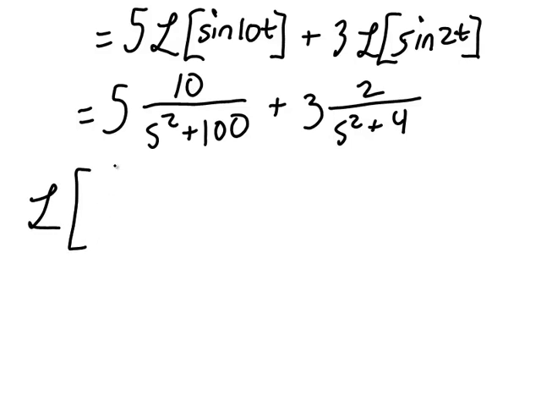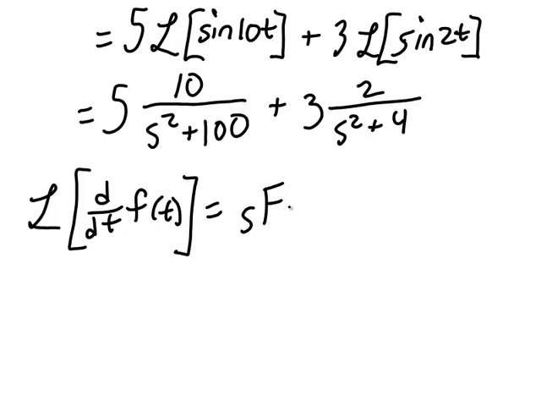The Laplace transform of d by dt of any function f of t is equal to s times the Laplace transform of the function minus the value of the time function at 0.